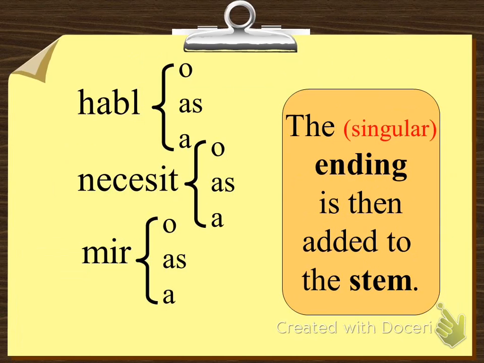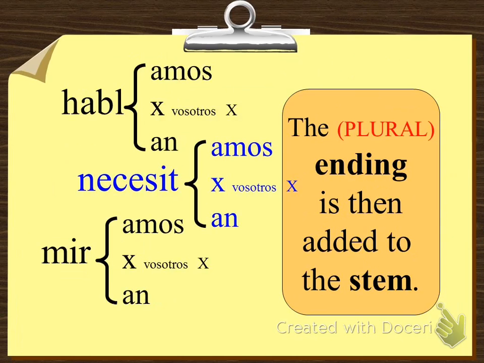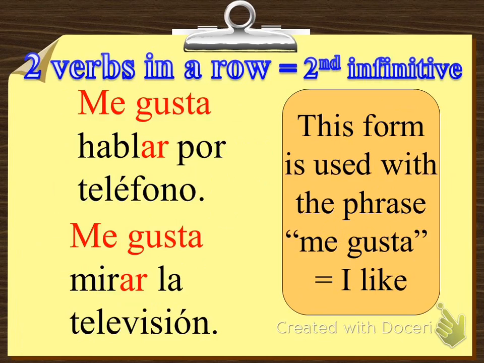So these are your singular endings, your plural endings, but we like to put it in the box like we had in our notes. What happens when you have 2 verbs in a row? Conjugate the first verb. Don't conjugate the second verb. So the second verb stays in its infinitive form, the unconjugated form. The example here is using the verb to like.